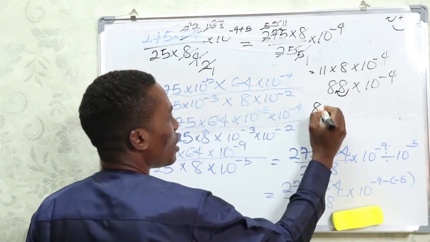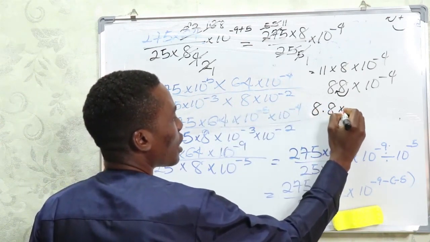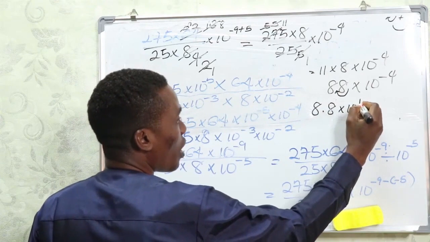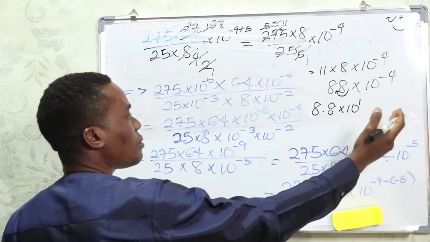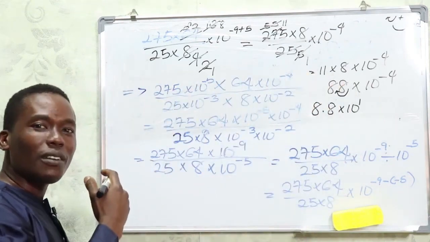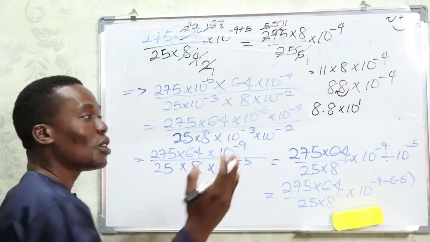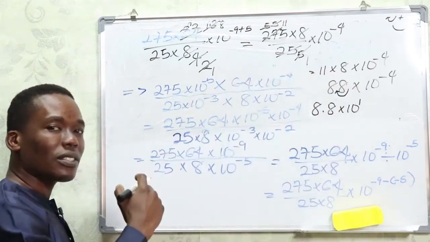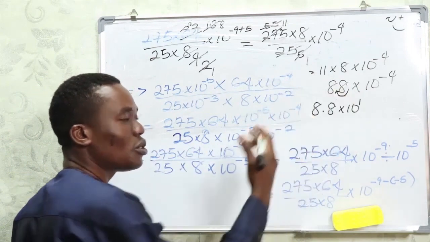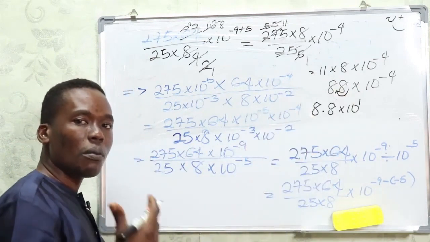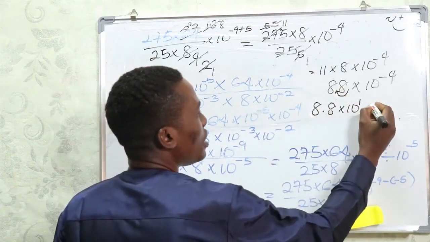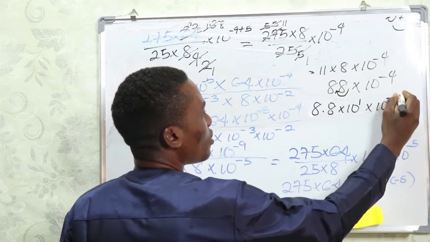So that will give us 8.8 times 10 raised to power 1. Why? Because we are counting from the right hand side to the left hand side. Remember the second keynote. When you are counting from the right hand side to your left hand side, it's going to give you a positive power. So this will give us this times what? 10 raised to power minus 4.